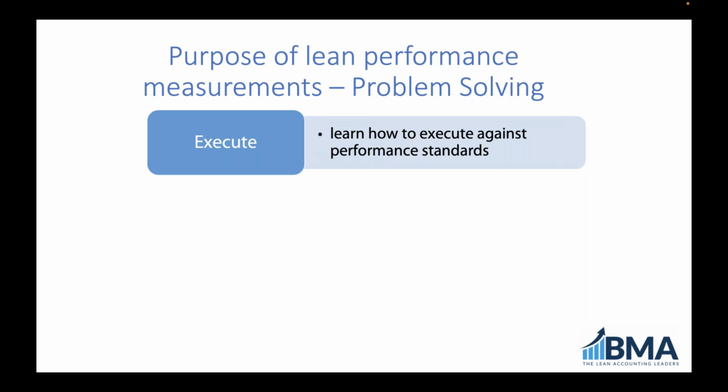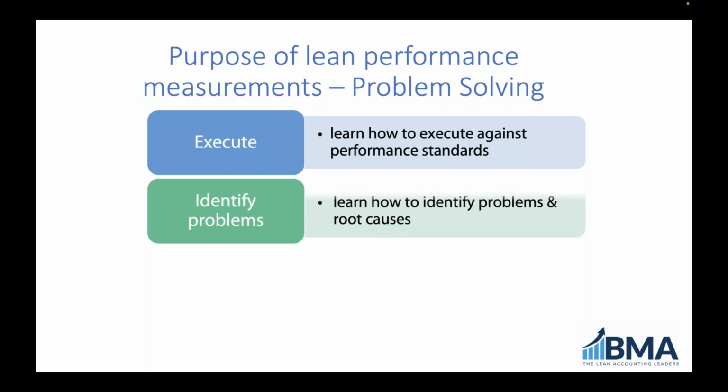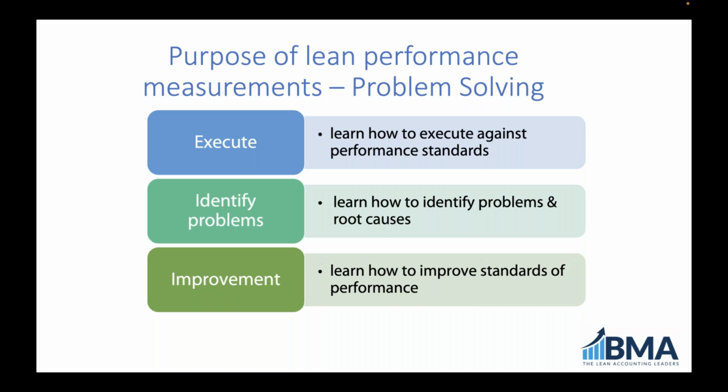In manufacturing, that would be, how many units does a cell need to produce today based on the demand plan? Did they produce those units or not? That's the performance standard.